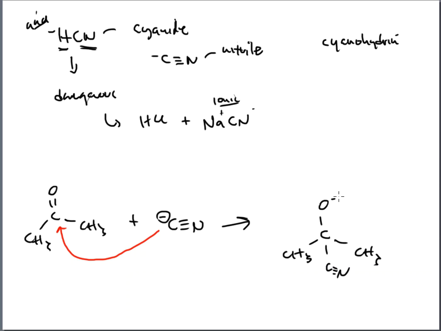Now, we also have this oxygen that is negative, that is present, all right? So that oxygen needs to be satisfied. It needs a proton, folks. And because it needs a proton, guess what? We are using HCN.